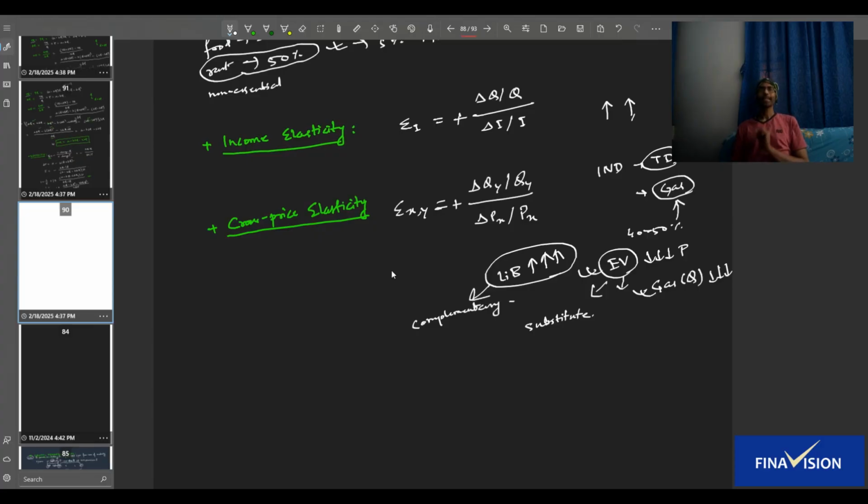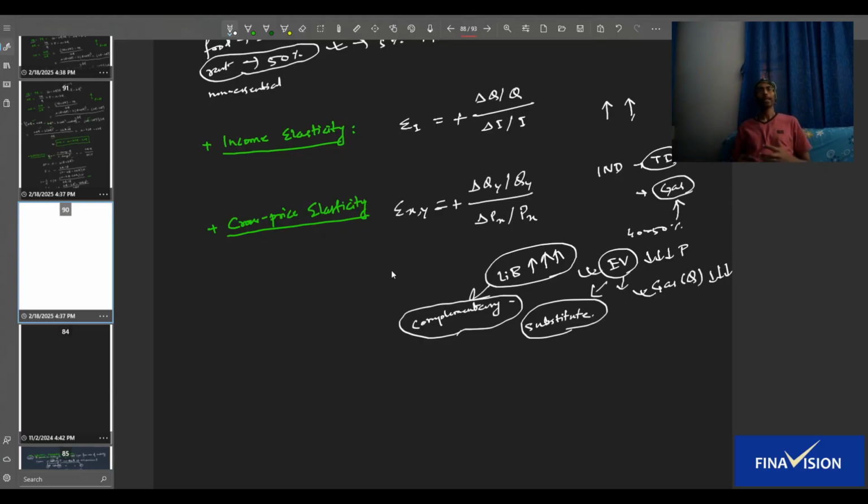So cross price elasticity has two kinds of ways to it. One is negative impact, which is because of substitution. Another is positive impact, which is because of a complementary impact. EVs require lithium batteries, and as EV sales go up, lithium batteries demand go up, right?